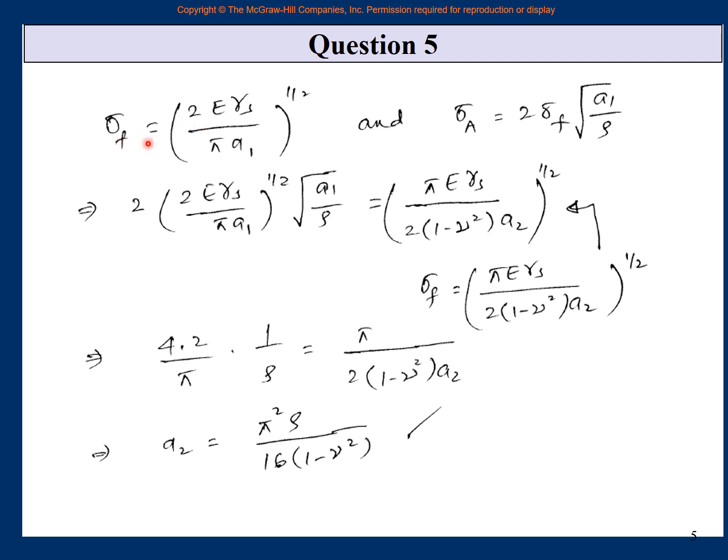So sigma f is equal to the square root of 2 E gamma s over pi a1. This is from the Griffith side. Sigma a is equal to 2 sigma f root a1 by rho. This is given on the diagram. Sigma f is equal to the square root of pi E gamma s over 2(1 minus nu squared) a2. This is for the penny shaped crack, right?